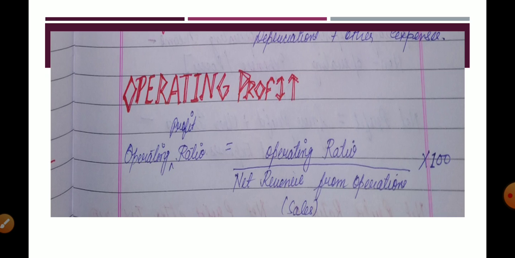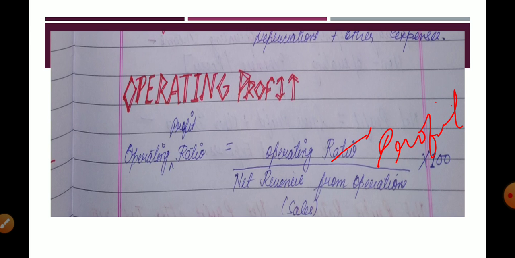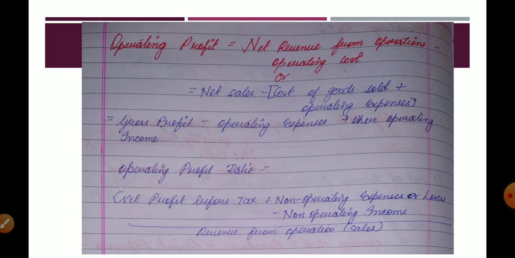You can write here, that is, operating profit, right? Operating profit. Okay, so operating profit is calculated as net revenue from operation less operating cost, or net sales less cost of goods sold plus operating expenses, or gross profit less operating expenses plus other operating incomes.